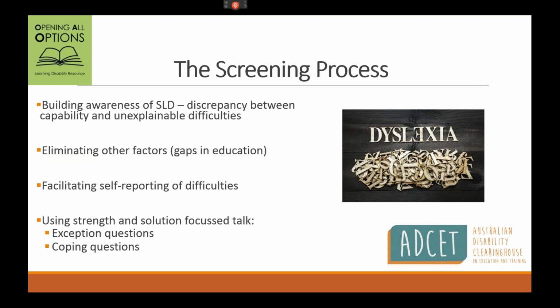There's a whole range of issues that could impact learning that are not SLD. So we've developed a screening process, and we've actually researched quite broadly to ensure that the questions we're asking are those that would be endorsed through any SLD assessment process. So do you want to move to the next slide, Darlene, which goes into the formal assessment?